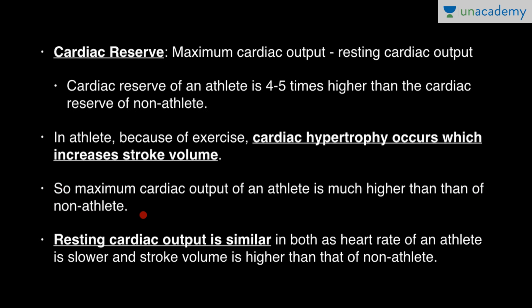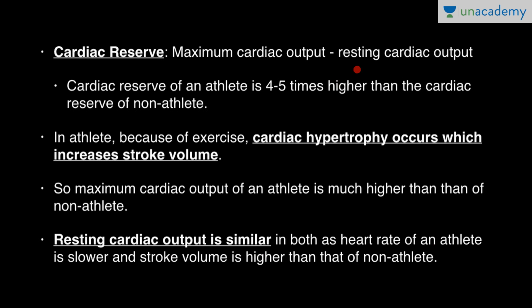Because of the increase in stroke volume, the maximum cardiac output increases. Now, resting cardiac output is similar in both, as the heart rate of an athlete is slower and stroke volume is higher than that of a non-athlete. The heart rate of a non-athlete is greater, while the stroke volume of an athlete is higher, so it compensates, and the resting cardiac output is similar.